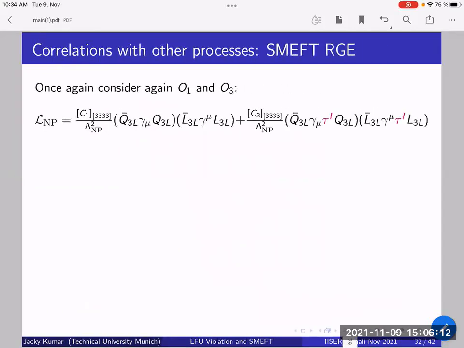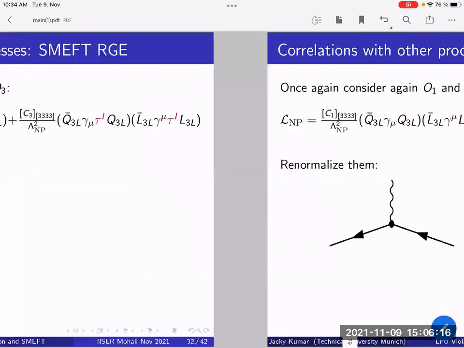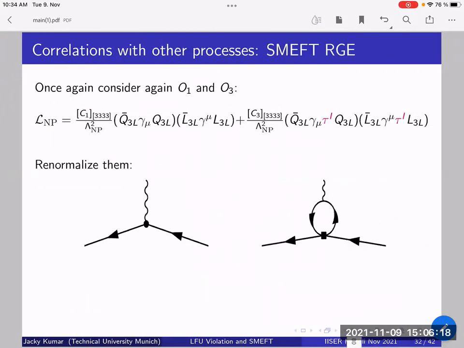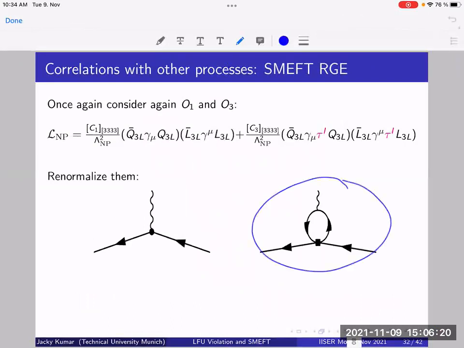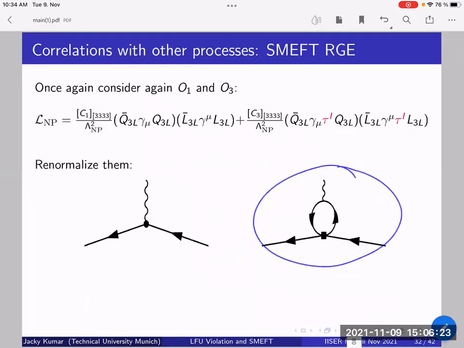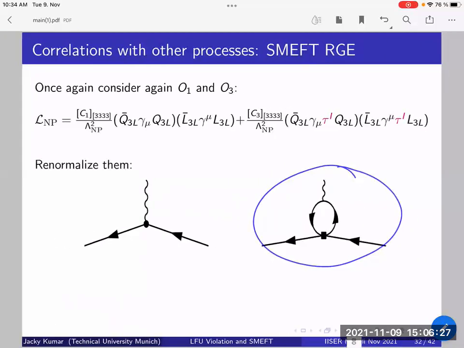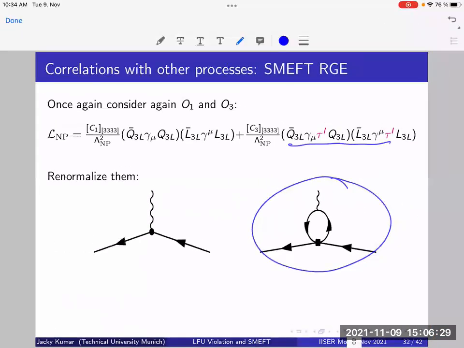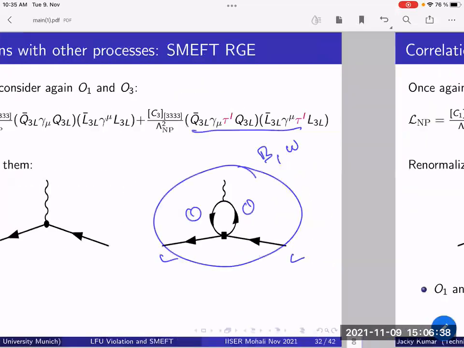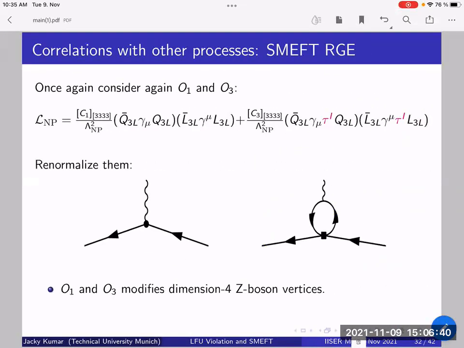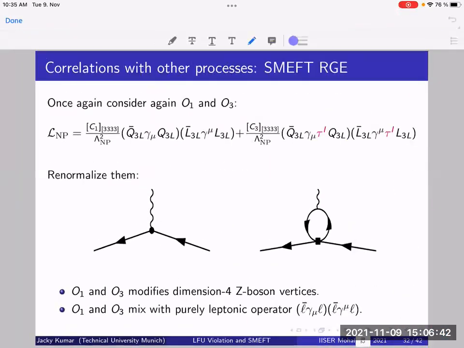Consider again the same two operators, O1 and O3, and now you normalize them. Normalize them means you compute diagrams like this, and you will see that at one loop level, if you insert this operator here, so basically you have LL here, close the quark loop and attach a B or a W gauge boson, then you generate four-Fermi operators.